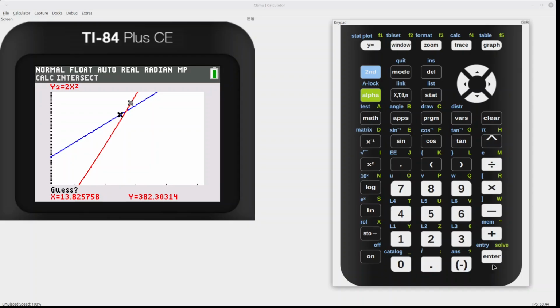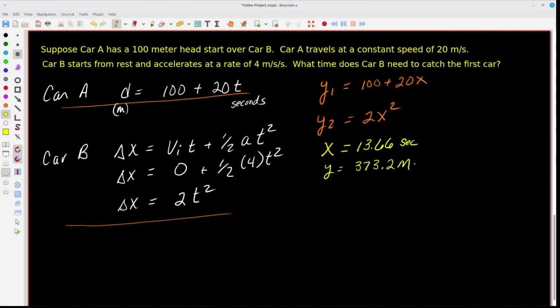Okay, so it wants to guess. So it says the intersection is 13.66 seconds. And the distance traveled will be 373.2 meters. Okay, so from the calculator, we got 13.66 seconds and a travel distance of 373.2 meters.